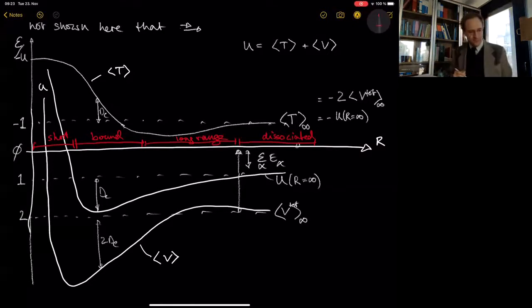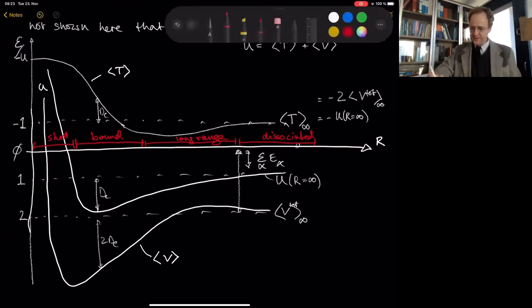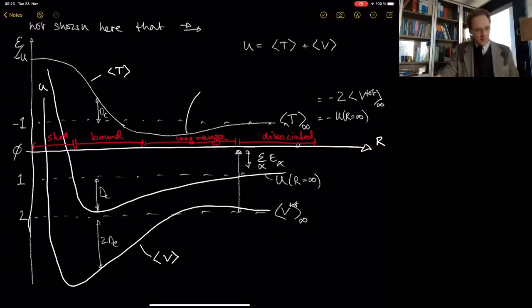Now, in this long range, we saw that your kinetic energy should correspond to -5 C6 over R to the 6.